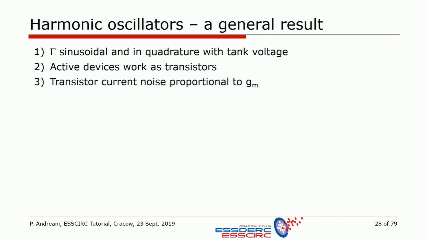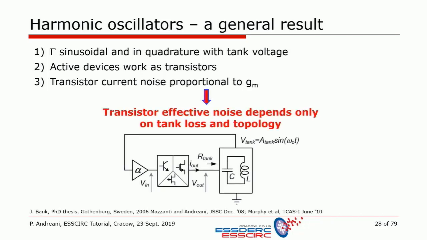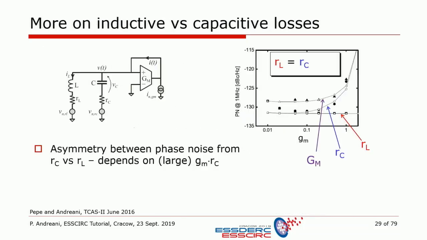And also, the transistor current noise is proportional to the transconductance of the transistor. Then we can actually show that the transistor effective noise depends only on the tank loss and the actual topology that we have chosen, but not on anything else. And especially, it doesn't really matter what kind of transistor we use, to the first order.